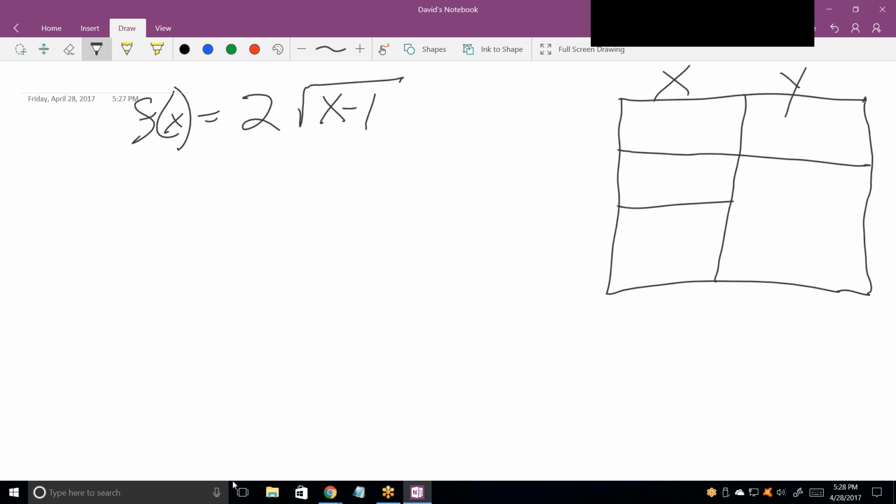Pick points for x. They said from the left, right? Yeah, graph the leftmost point. What's the leftmost point? 1. What's y equal to when x is 1? Y is equal to 0. Pick another point. 2.